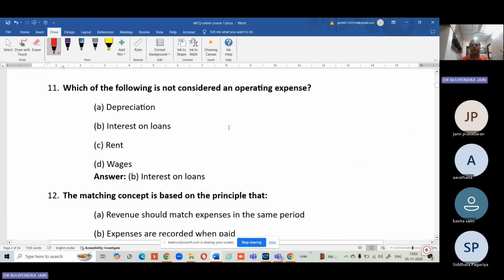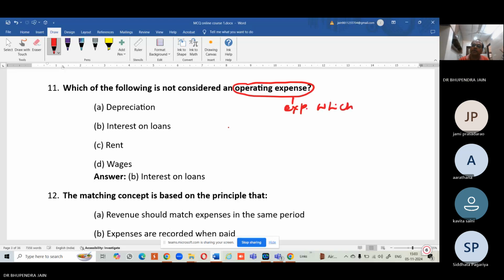Which of the following is not considered an operating expense? Expenses, what are operating expenses? Expenses which are required to operate the business.